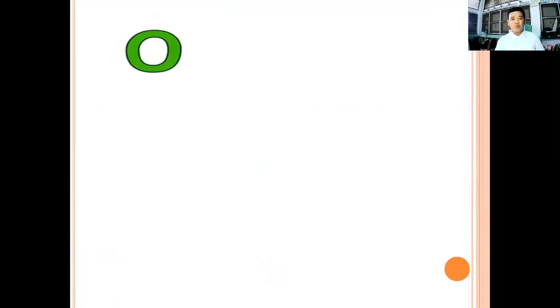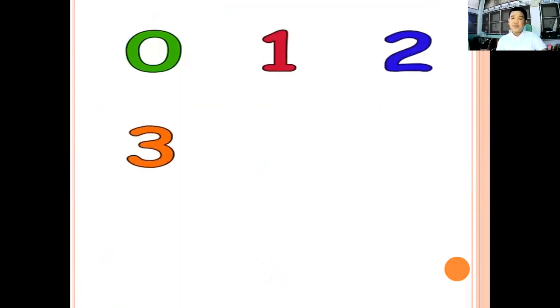And then the last one we have here is a numerical pattern, and you have to predict what comes later. We have here the numbers 0, 1, 2, 3, 4, 5.